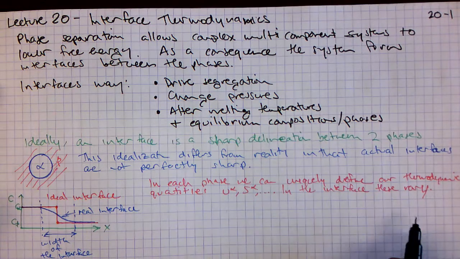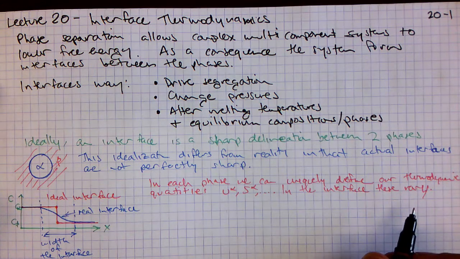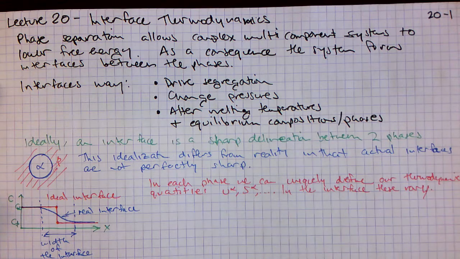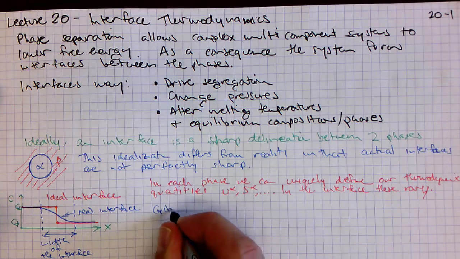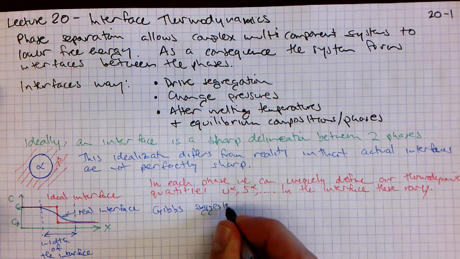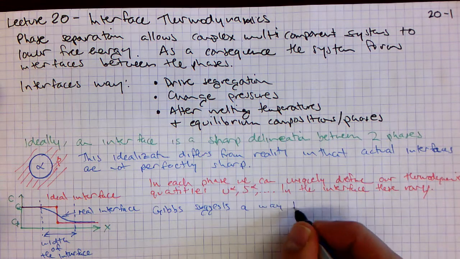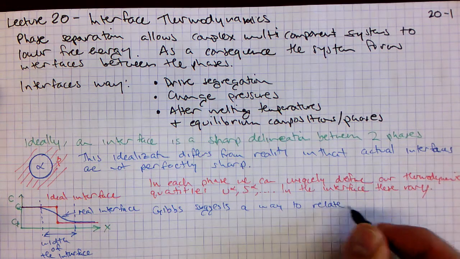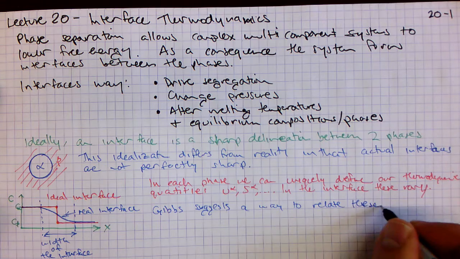Okay, so now Gibbs suggested a particular way of relating the diffuse picture to the sharp picture. So Gibbs suggests a way to relate these pictures.